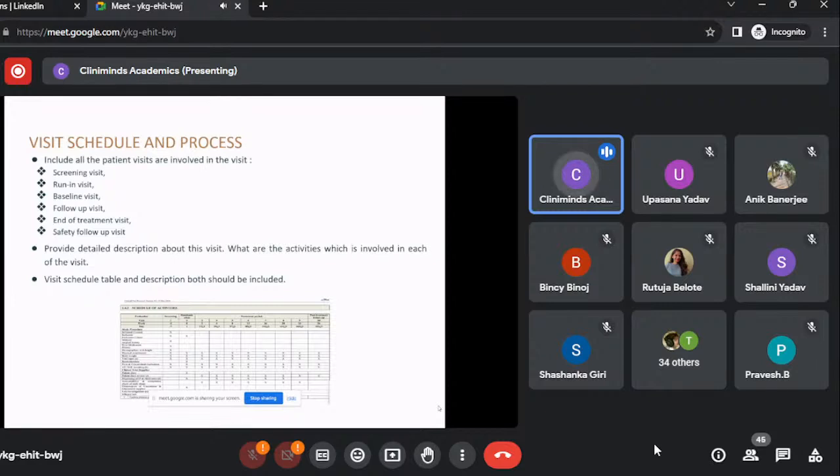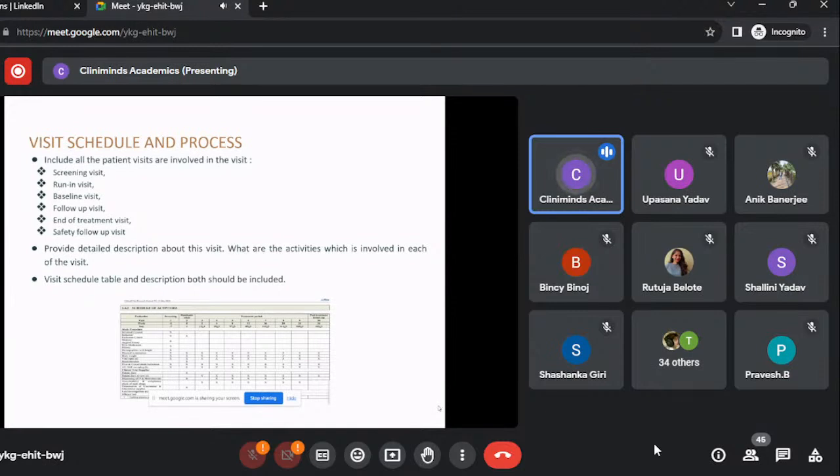The day for conducting the visit is also given. For example, for conducting the entire screening activity, we can take -7 days or -14 days or -30 days. Like that, the time period is given.